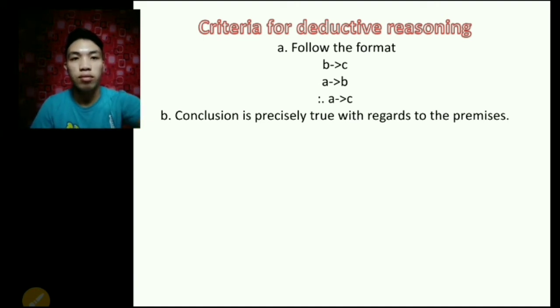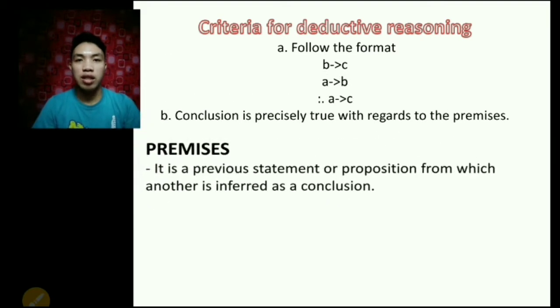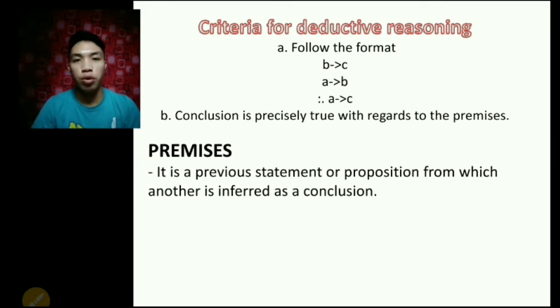Now let me show you what a premise is. Based on the definition, a premise is a previous statement or proposition from which another is inferred as a conclusion.